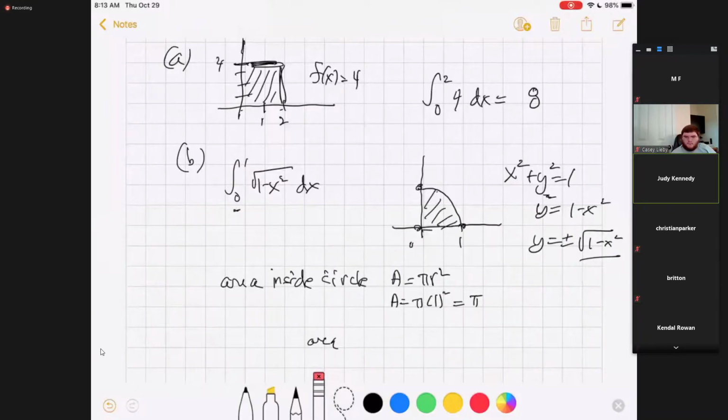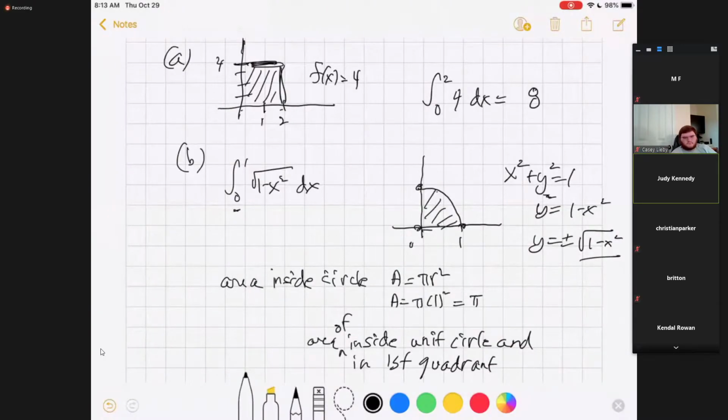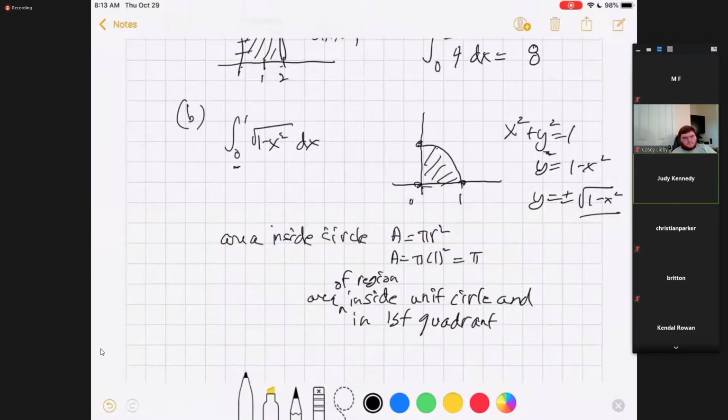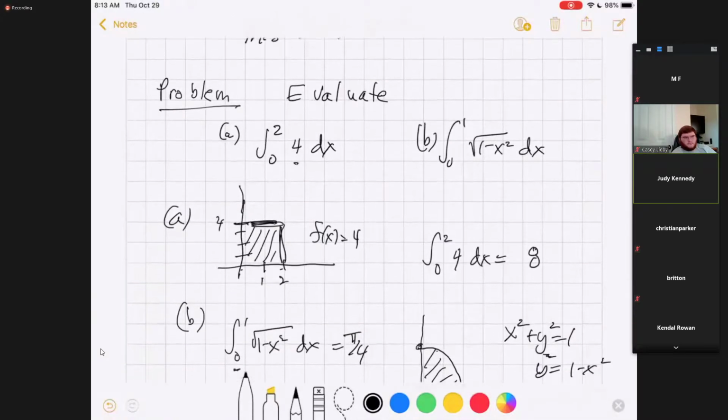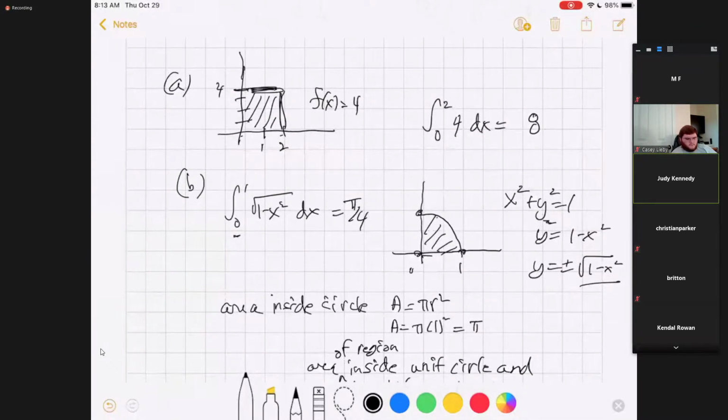So the area inside the unit circle and in the first quadrant would be 1/4 of pi. So that would be pi over 4.